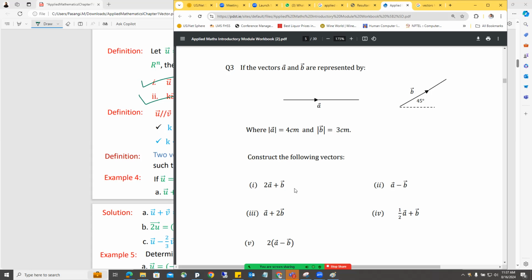Can you do this one? 2a plus b. You need to construct exactly what they have given, okay? So you need to measure this 45 degrees and mark it, and also the lengths as well. You do it as homework. Is it clear what they have asked you to do?